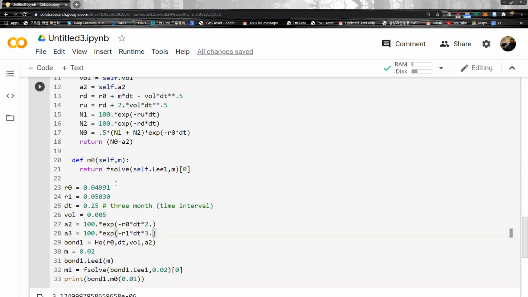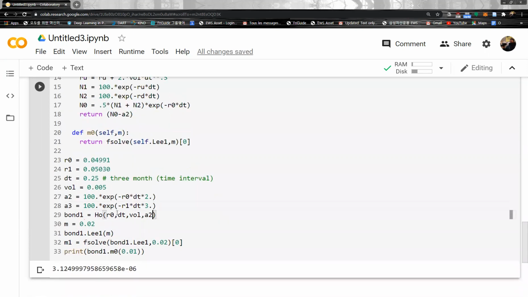So A3 is the price of a bond that matures in 3 periods, so 9 months. So it is the price of the contract that pays you $100 9 months later. Let me check the price.